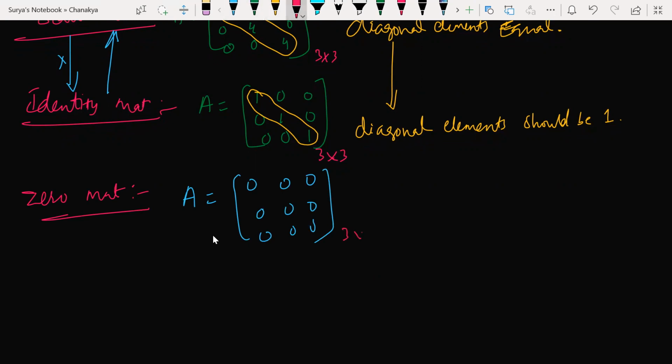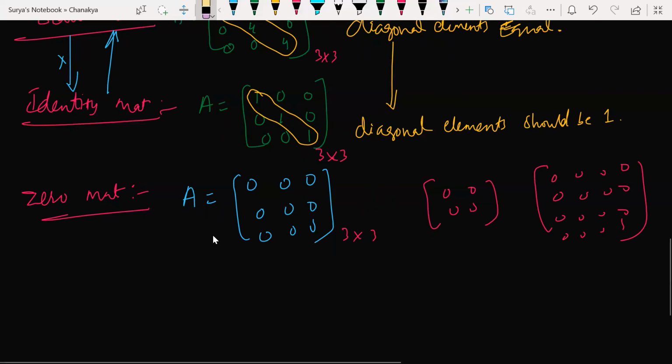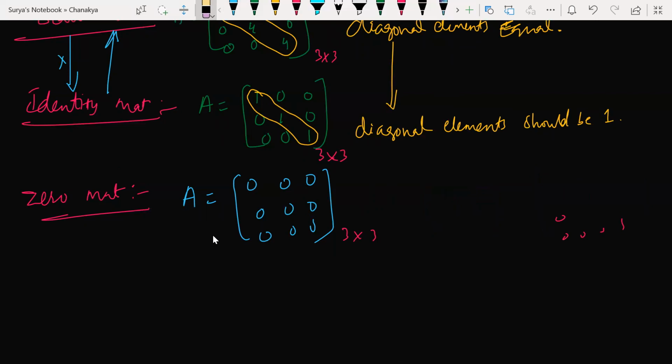You can write a 2 by 2 matrix, a 3 by 3 matrix, and a 4 by 4 also. This is also a zero matrix. So basically it is also called a null matrix.